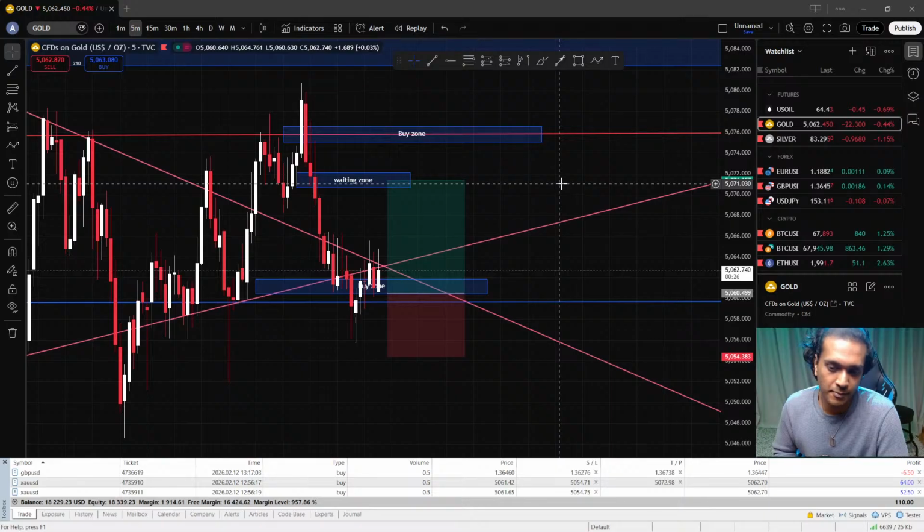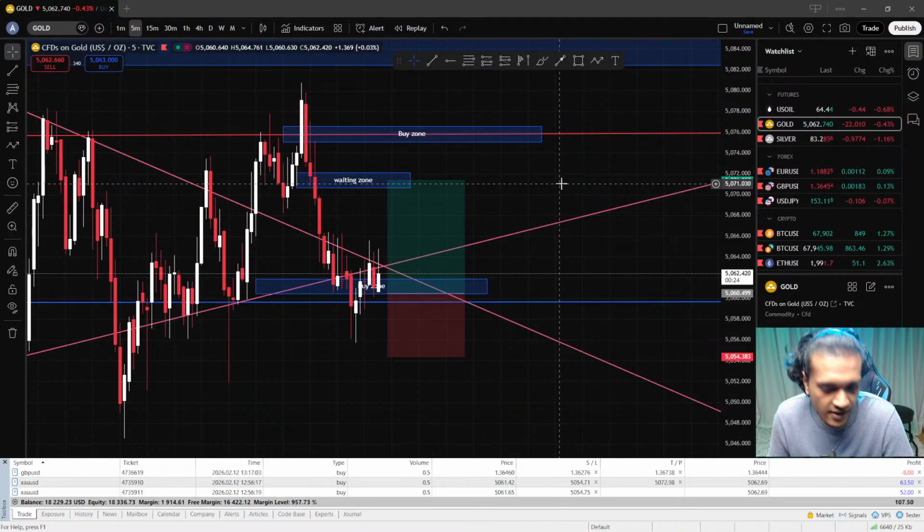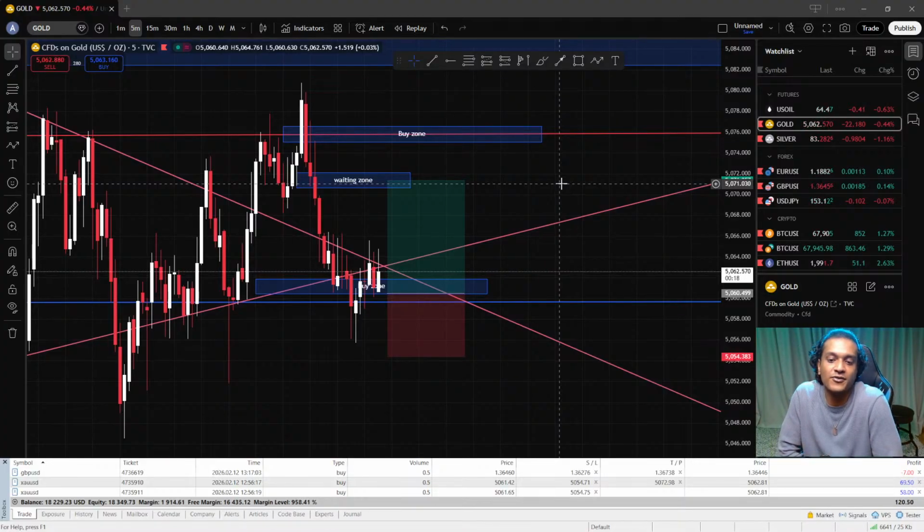So we do want a bullish engulfing candlestick. We want that to come out. Right now, it's been showing a lot of bearish engulfing rather than bullish. So if you give us a bullish one, then we're on a safe road.